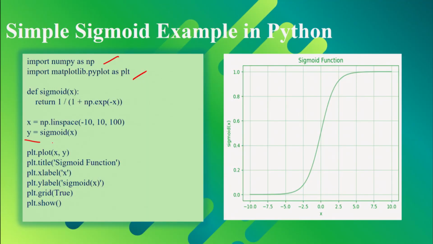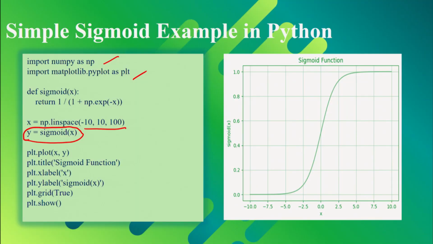Now, if you see the first two statements, it is just importing different libraries in Python, the NumPy library and the matplotlib library, to showcase how the sigmoid function will have the S shape. Now, moving on, we are calling the function here, y is equal to sigmoid of x. Now, x is the value that we are going to take as the input parameter range, and this sigmoid function has already been given a definition applying the mathematical formula of the sigmoid.